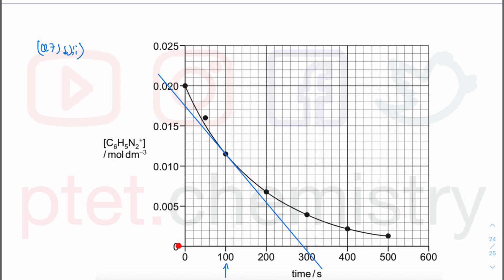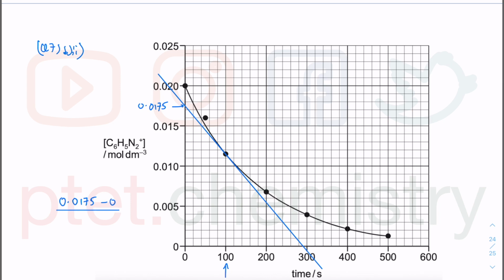So this is at 0, 0. I just need to read the change in y over the change in x. For the change in y, this is 0.015, 0.016, 0.017, so there is 0.0175. So 0.0175 minus 0, y2 minus y1.